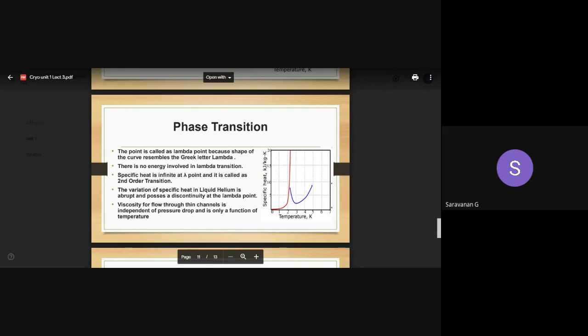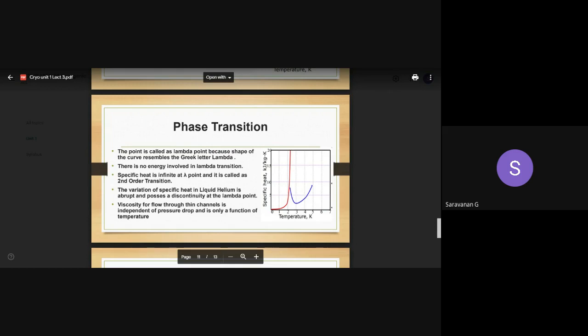During this lambda transition, or phase transition, there is no energy involved. The specific heat is infinite at the lambda point. That is a second order transition. That's why I asked you to find the difference between first order and second order transitions, and the answer is available here. A second order transition has infinite specific heat at the lambda point, with no energy involvement.